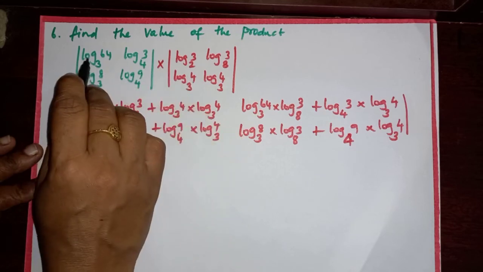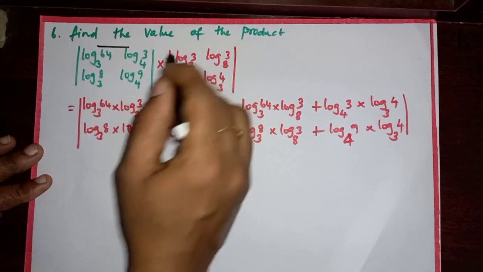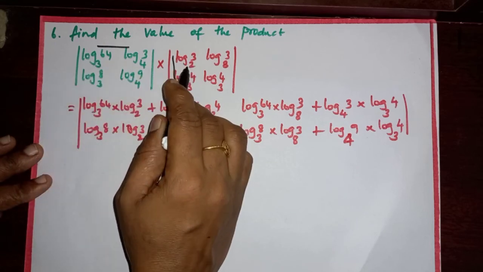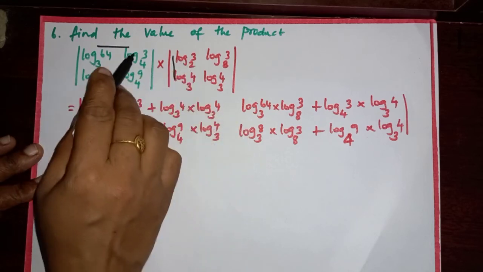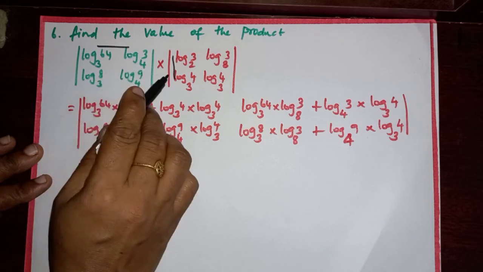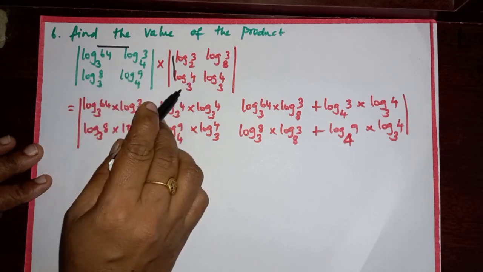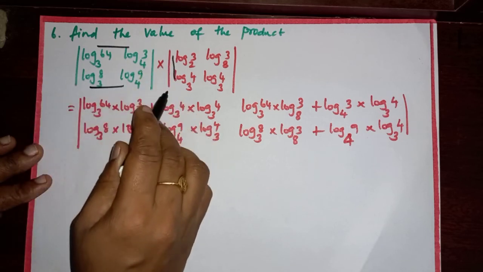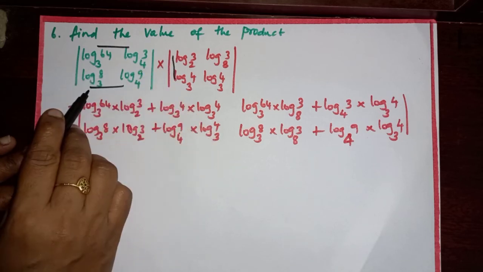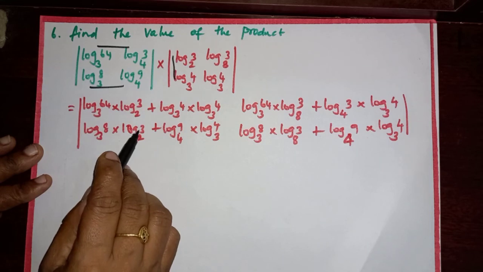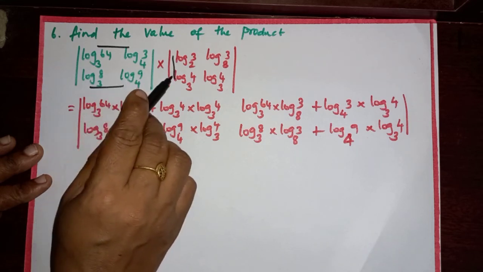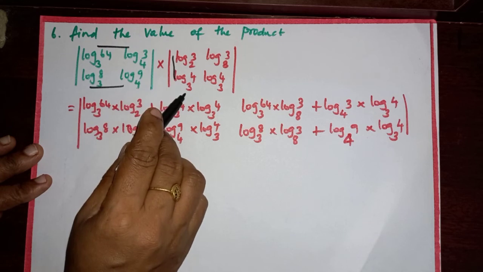I am going to multiply row with column. Log 64 with base 3 into log 3 with base 2 plus log 3 with base 4 into log 4 with base 3. Next, second row with first column: log 8 with base 3 into log 3 with base 2 plus log 9 with base 4 into log 4 with base 3.